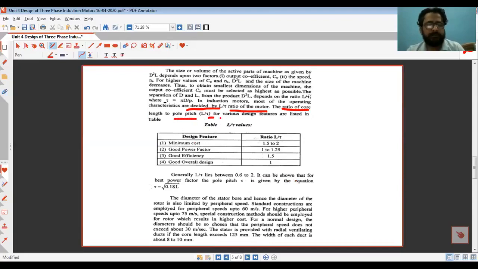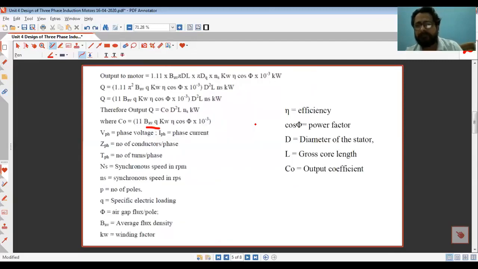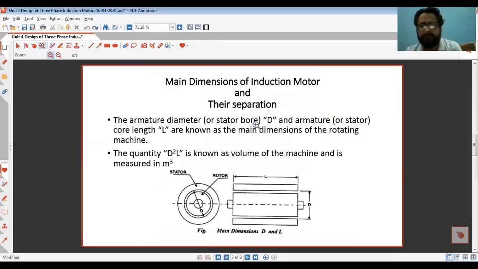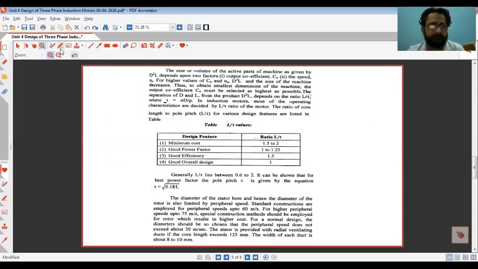It is the same as the DC machine pole pitch, the same concept. So L by tau plays a very important role in deciding the value of C naught, or the kind of design which we want or get.